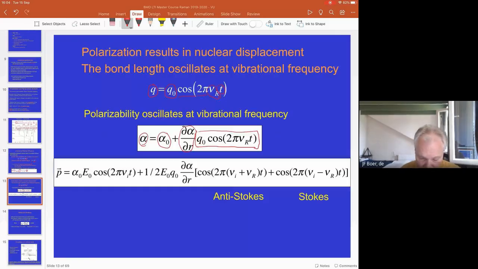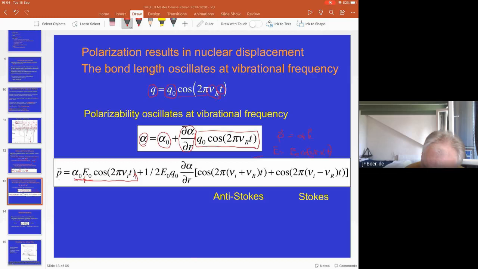And so we get this P is equal to alpha E. And so we get P is alpha 0 times the incident field. This is the incident field, E is E naught cosine 2 pi V incident T.